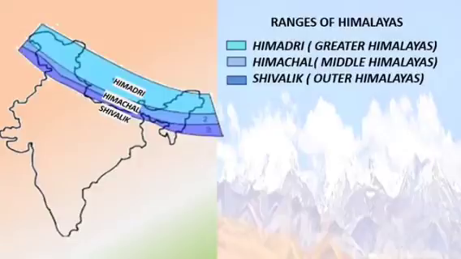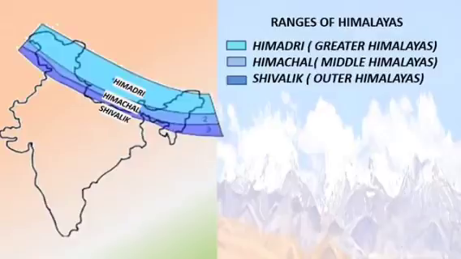What is the other name of Himadri? Himadri is also called Greater Himalayas. What is the other name of Himachal? Himachal is also called Middle Himalayas. What is the other name for Shivalik? Shivaliks are also called Outer Himalayas.